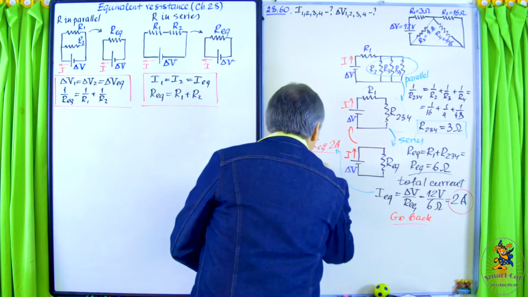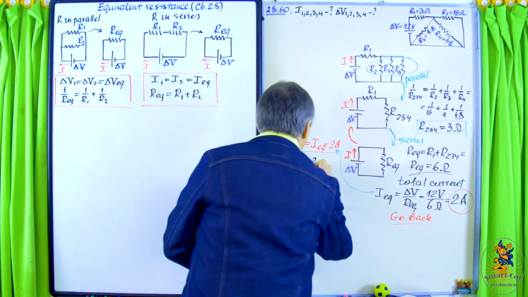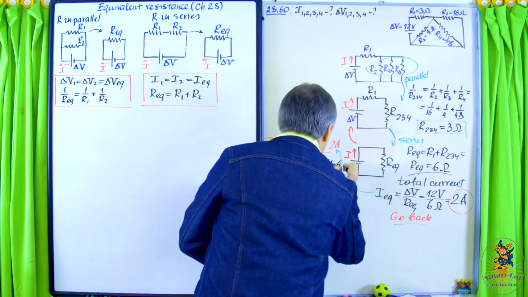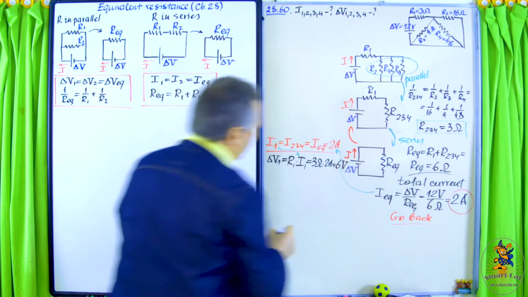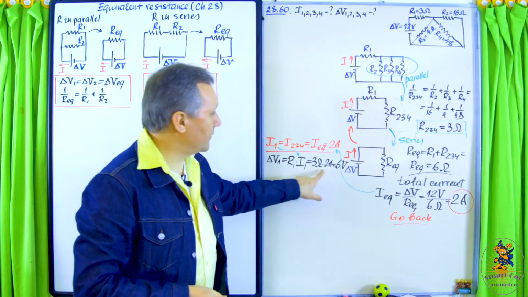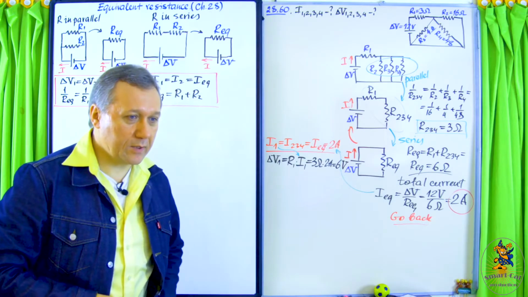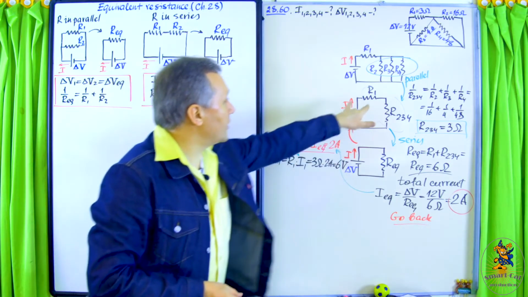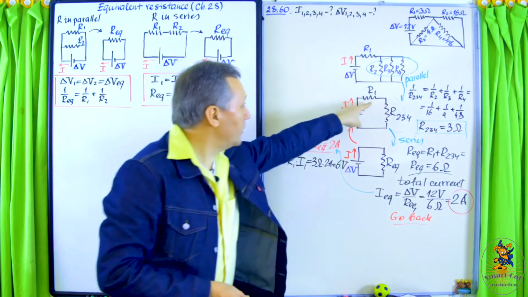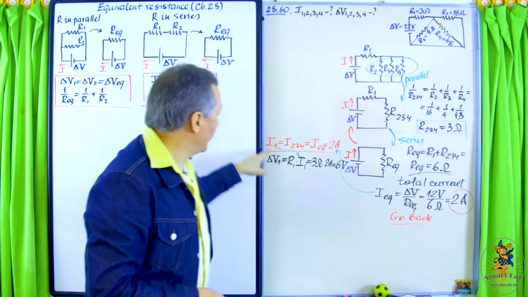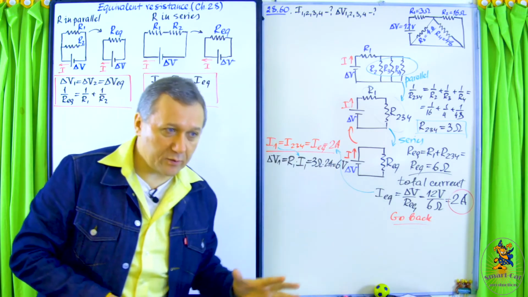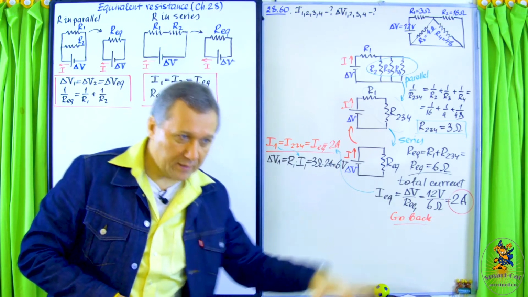R1 is 3 ohms times 2 amps, which is 6 volts. So that's the potential difference. Now we know everything about R1: its value, the current of 2 amps, and the potential difference. Analysis of resistor R1 is done.